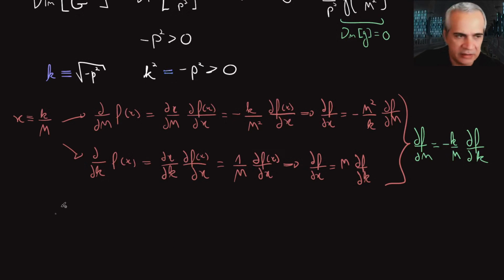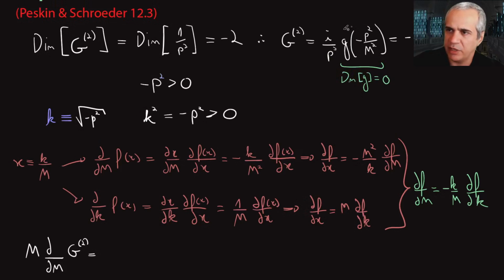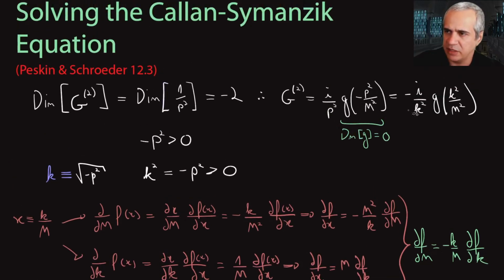So I can start with this expression. Remember, this is one of the terms that shows up in the Callan-Symanzik equation, right? It is g, del m of g times m. Now I want to use this generic expression for g, specifically this one.